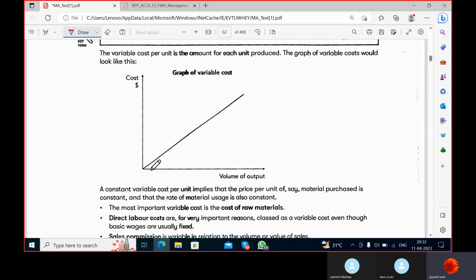For 0 units, we paid him $0. As he made 1 unit, we paid him $10. As he made 2 units, we paid him $20. As he made 3 units, we paid him $30, and so on.